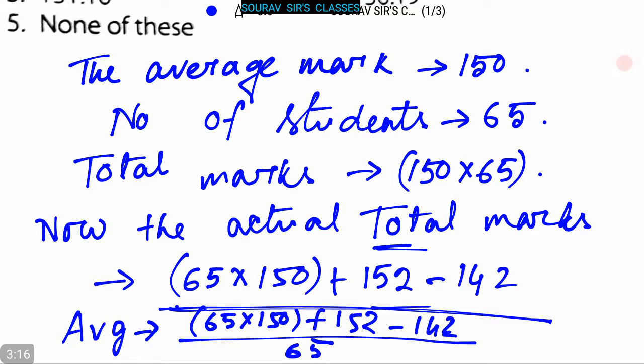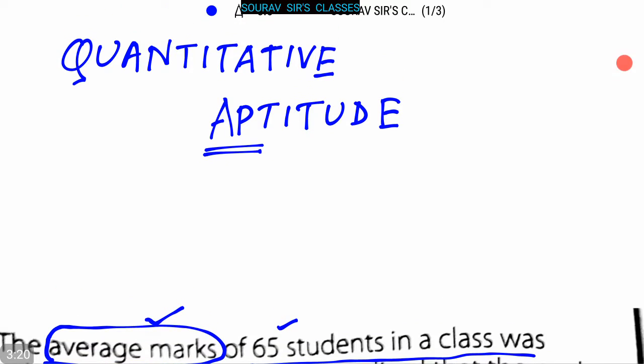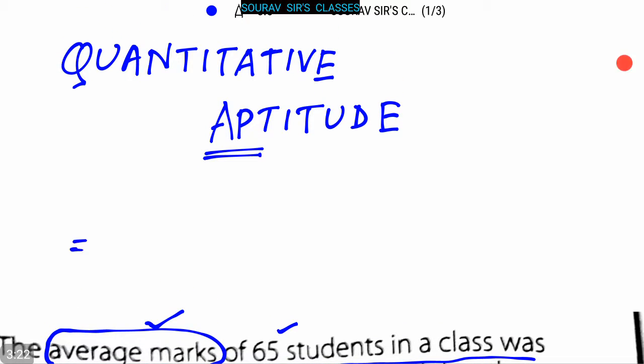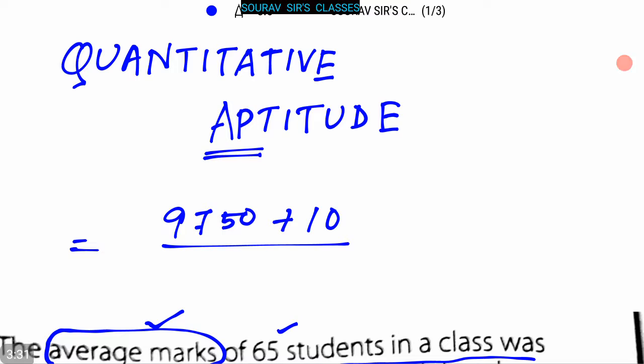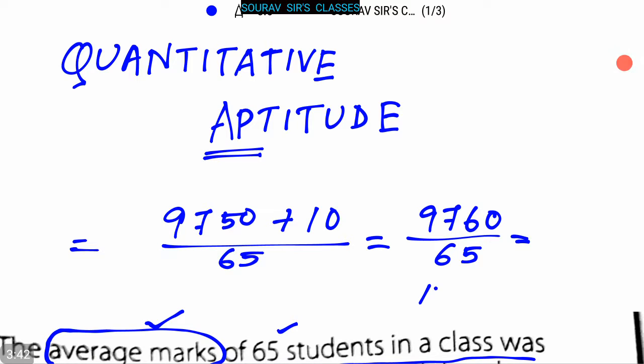Now this value is equals to 9750 plus 10 divided by 65, that is equals to 9760 divided by 65, that is equals to 150.15.